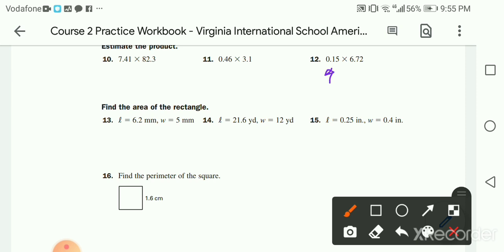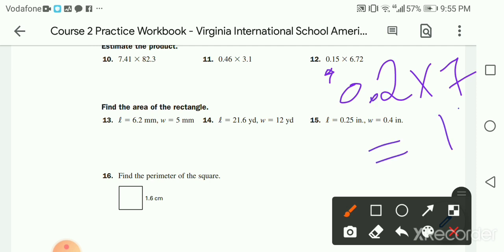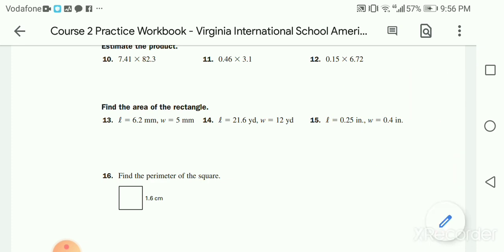Yes, it will change, because 5 gives an extra 1, so it will be 0.2 times 7. 0.2 times 7 equals 14, and with one decimal place it will be 1.4. It's so easy.